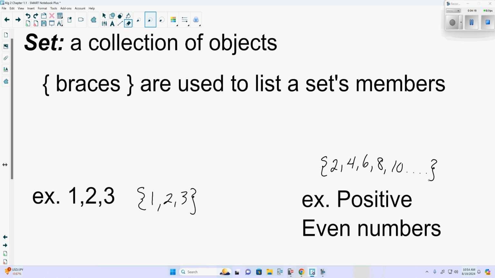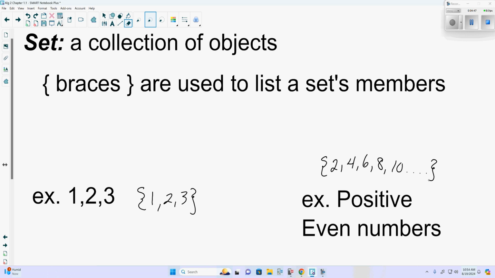We would need the dot, dot, dot, because if we just put a brace, we're just saying it's 2, 4, 6, 8, or 2, 4, 6, 8, 10. It's just that set. We need the dot, dot, dot to tell whoever is reading that it is going to continue on forever in that pattern. So if we just wanted the positive numbers, we would say 1, 2, 3, 4, 5, 6, dot, dot, dot, and it would keep going. Does that make sense? Questions on this so far?